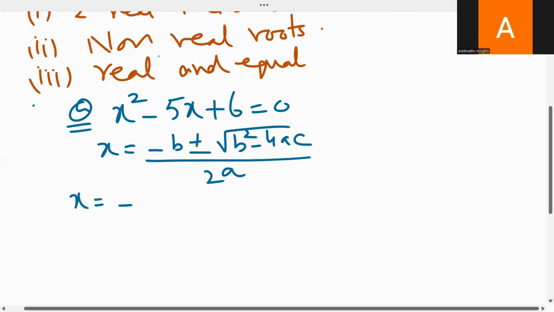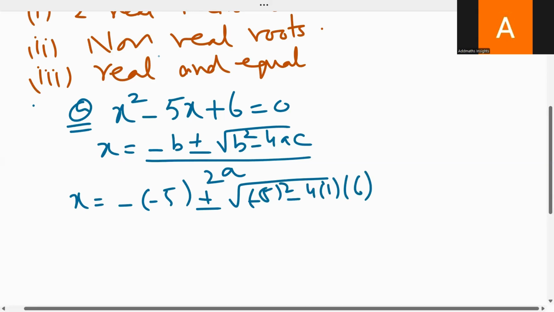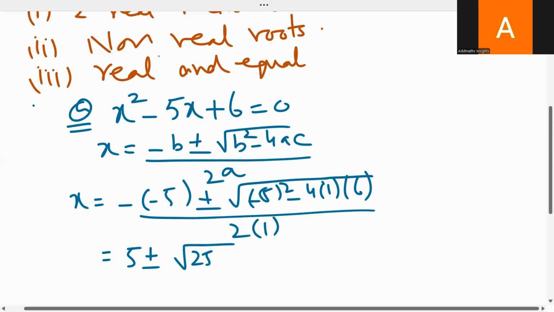So you apply this formula, substitute values, and 2 into value of a is 1. When you solve it, your answer is 25 minus 24 over 2.